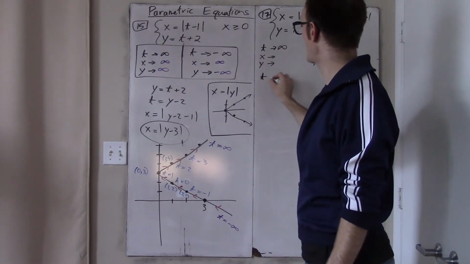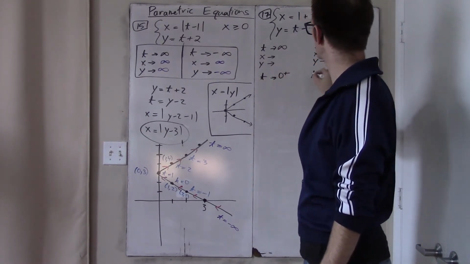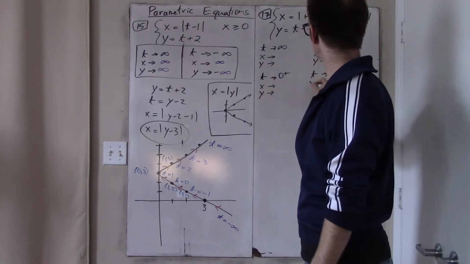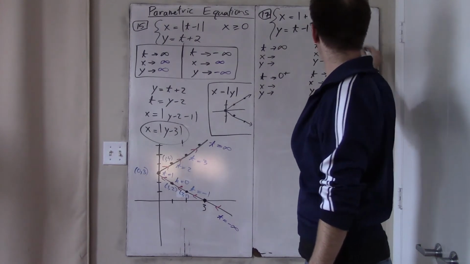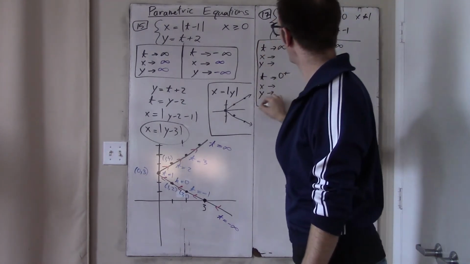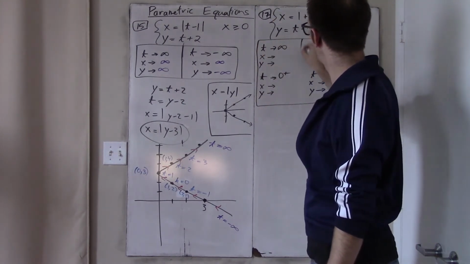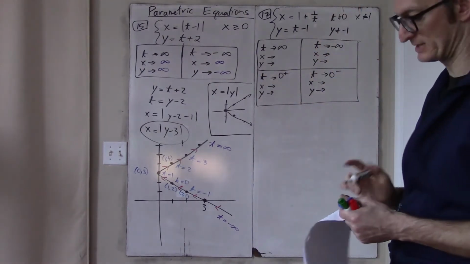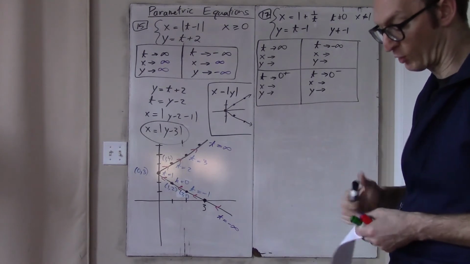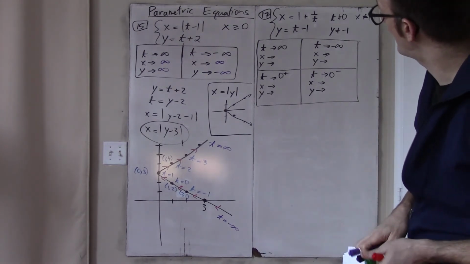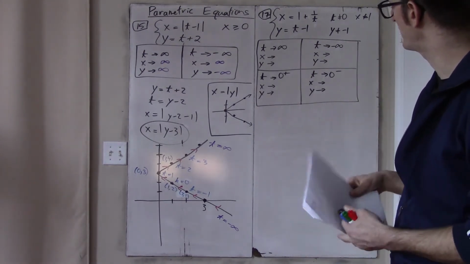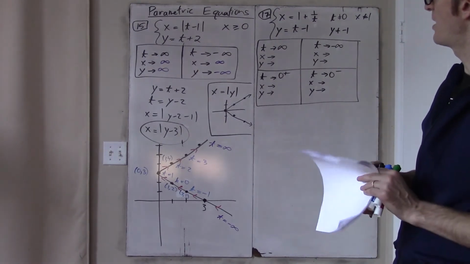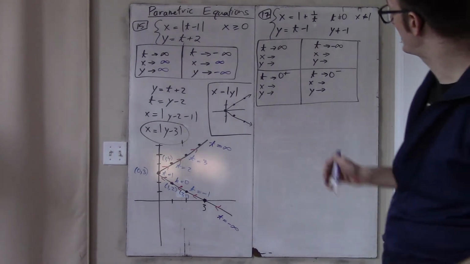So we need to investigate what happens as t approaches 0 plus and as t approaches 0 minus. The full accounting for the behavior of this problem is going to involve these four analyses of what x and y are doing for different values of t. Okay, let's do it.